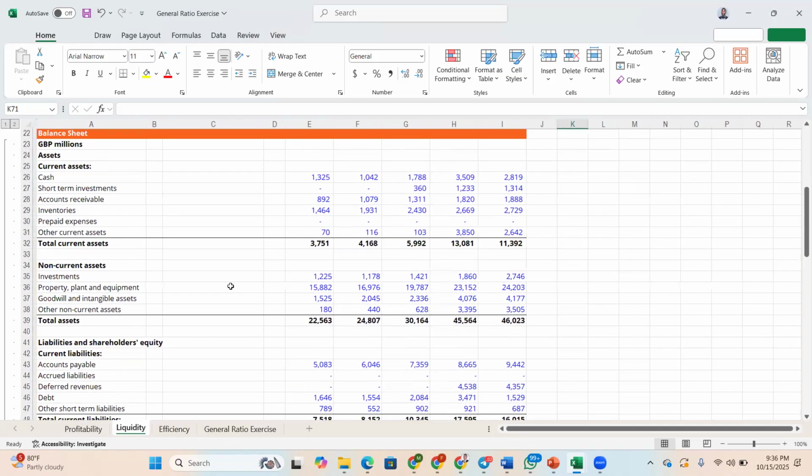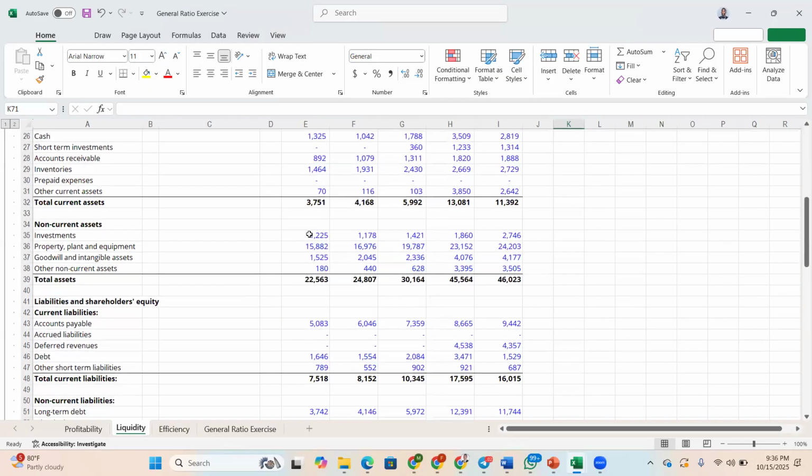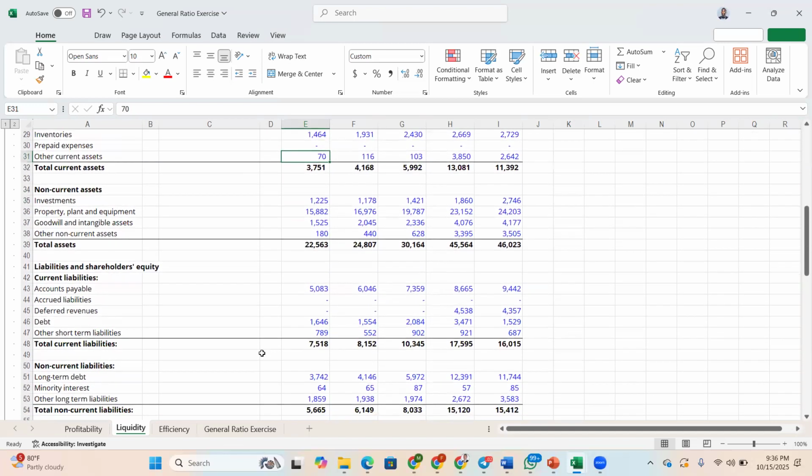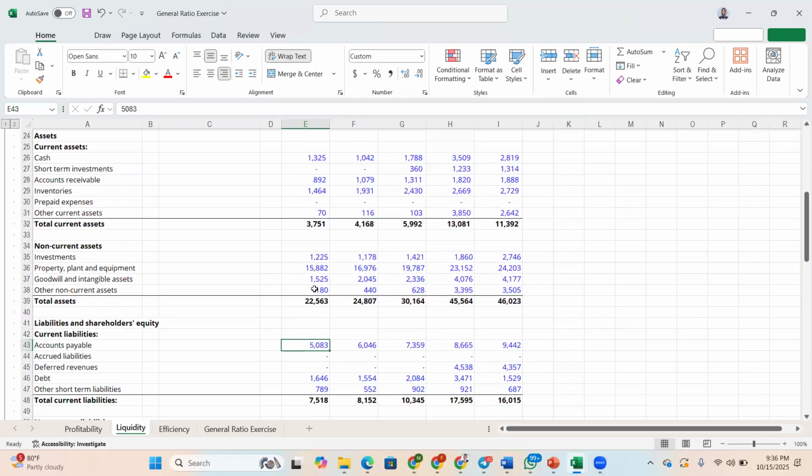If you check their current assets, they have short-term investments, cash, account receivables, prepaid expense is nil, other current assets. But if you check current liability, the current liability is massive. Account payable is on the high side.